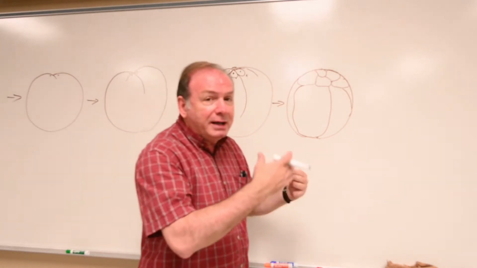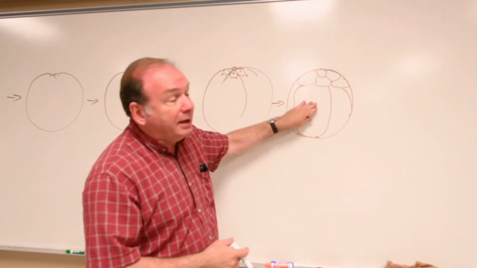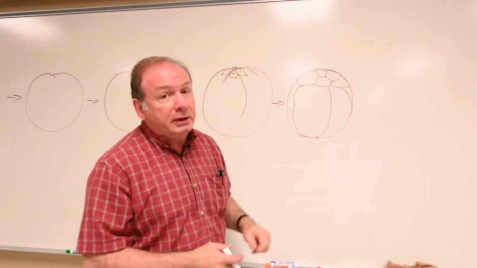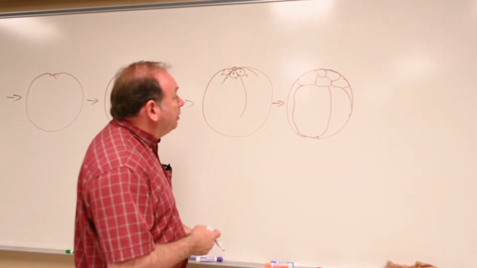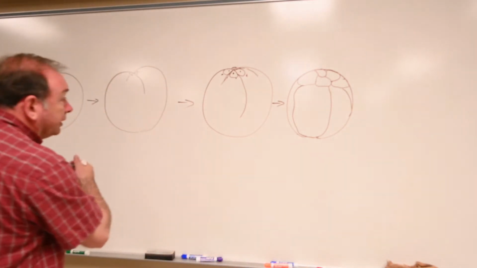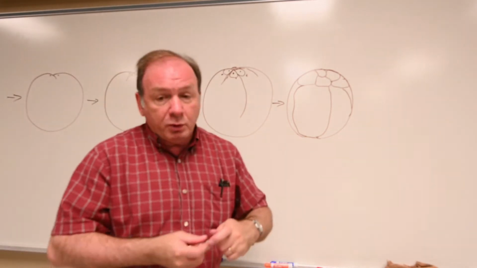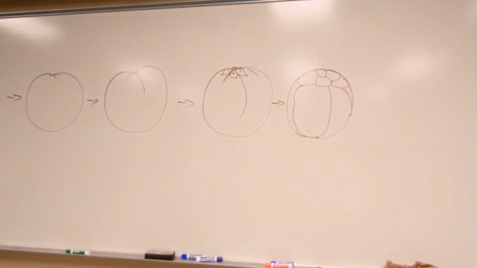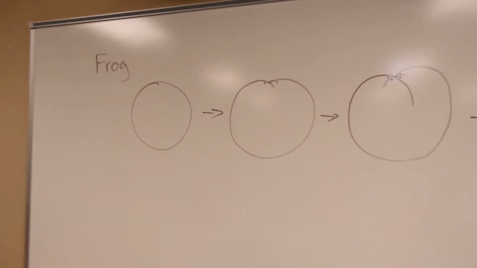We're just seeing slowly dividing cells in the vegetal pole, more rapidly dividing cells up in the animal pole. So let's start back over here on the other end and we'll show what goes on with the inside of a blastula.